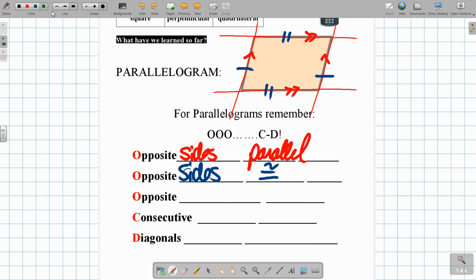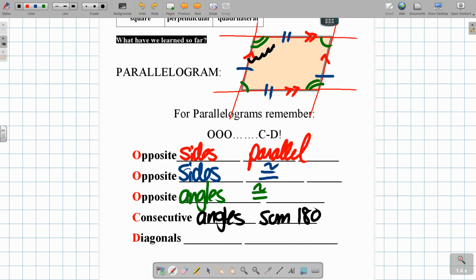You should be able to rattle these off. You should be able to finish this list even before I do, writing this down. Squiggle consecutive interior, put a little caret there. They're supplementary.